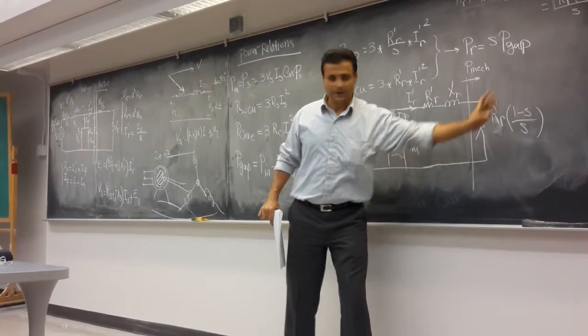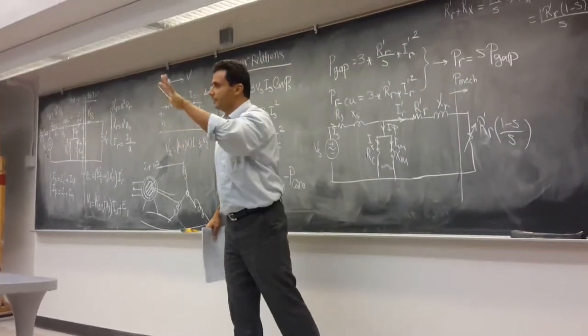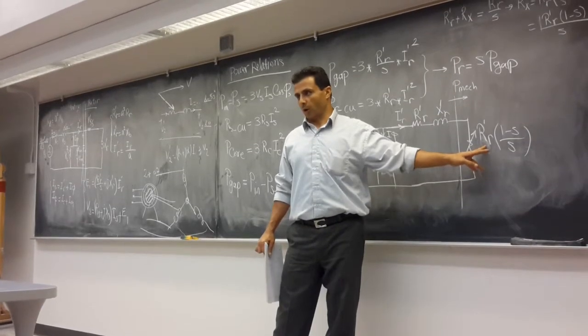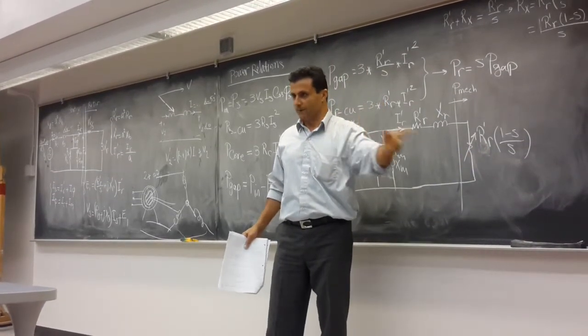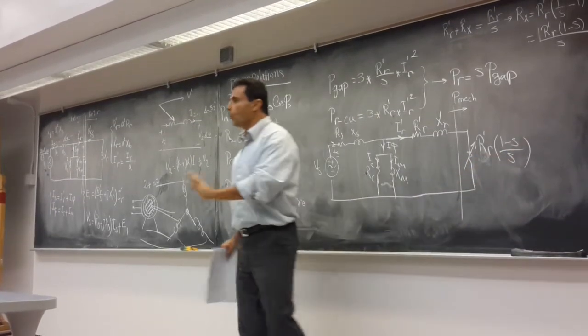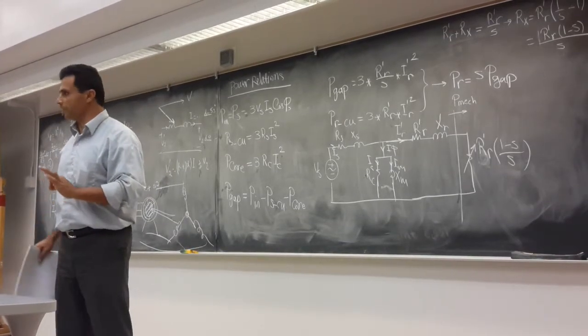Rotational loss. The reason I put this one variable: if my load changes, is R prime R going to change or not? No, that's winding. The resistance of that one is fixed, right? But S is going to change. If there is no load, S is going to be almost 0, very, very close to 0.